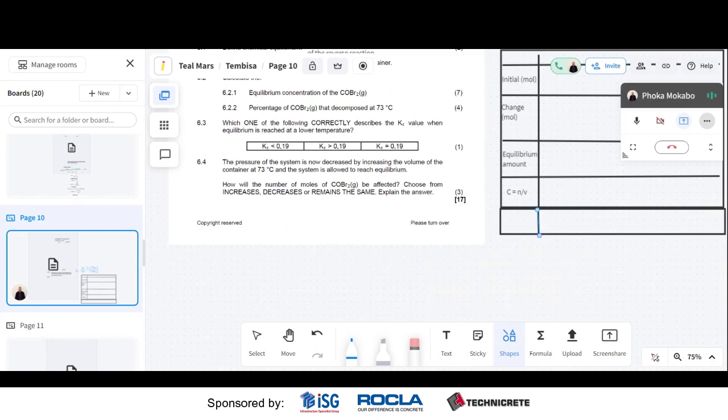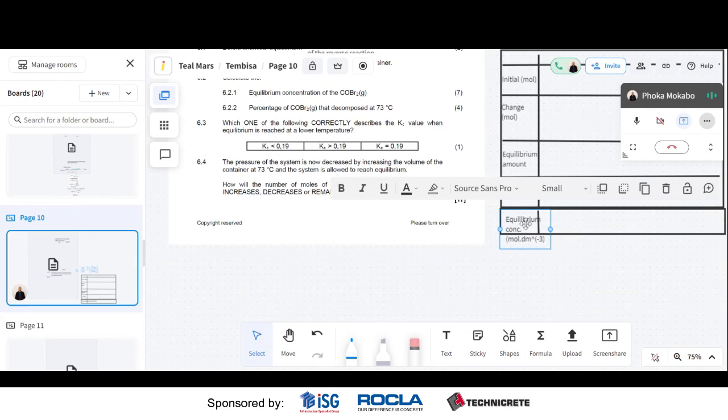And this will be our equilibrium concentration, and this will be in moles per decimeter cubed. Okay. And just to save time, I'll write it like that.